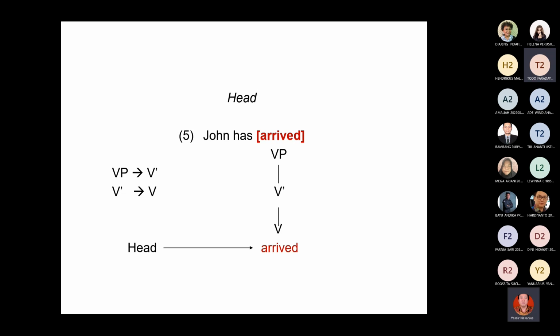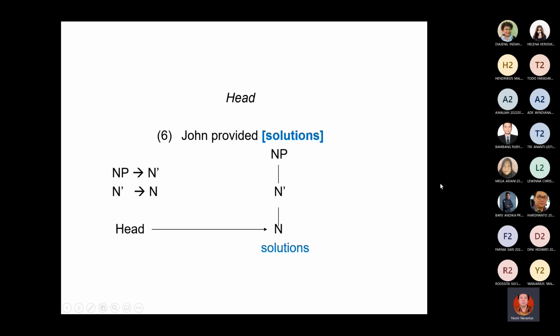For example, an NP. Can you say something like this in English? John provided solutions. Yes. So what is the structure for solutions? This structure is an NP. It consists of N bar, and this N bar only consists of N, in this case, solutions.